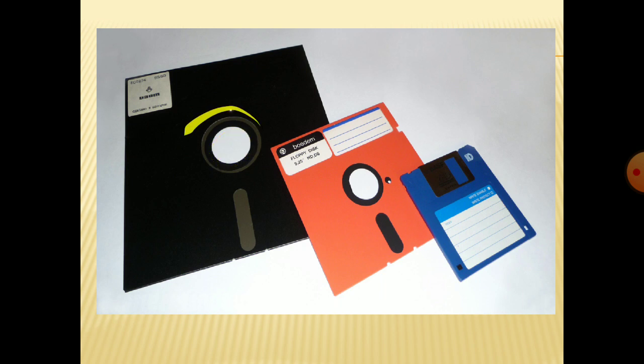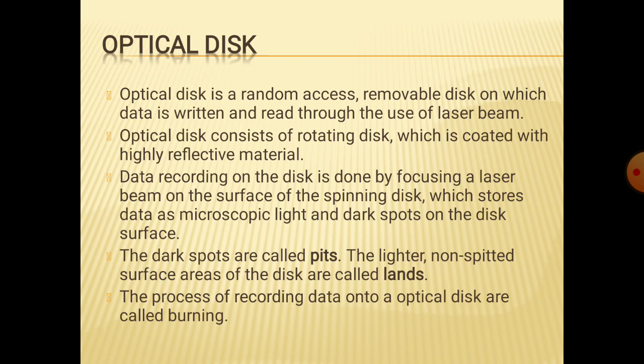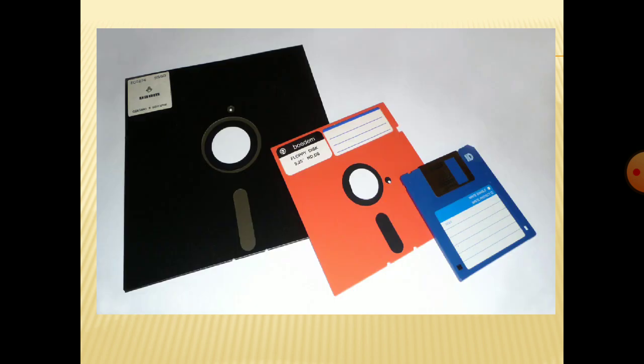Can you see? Inside there is a circular disk coated with metal oxide, and the plastic material is there so that it does not come in contact with dust particles and the data stored in the floppy disk is not erased. For that reason, this box, everything, is just for security purposes. Done? So this is all about your floppy disk.